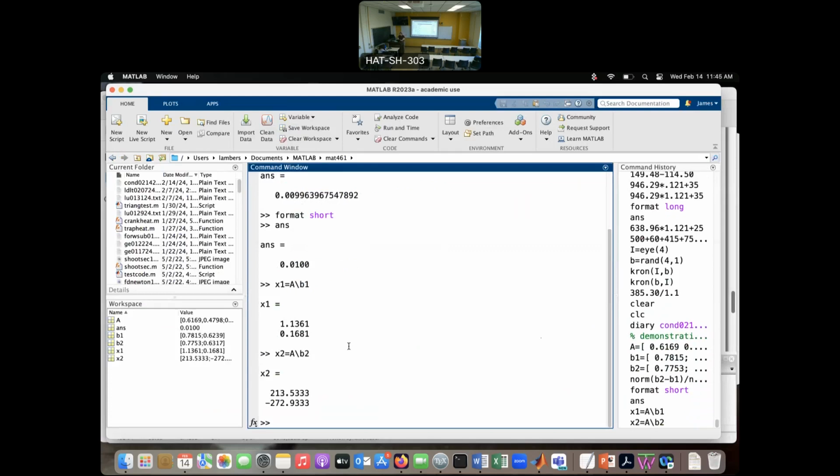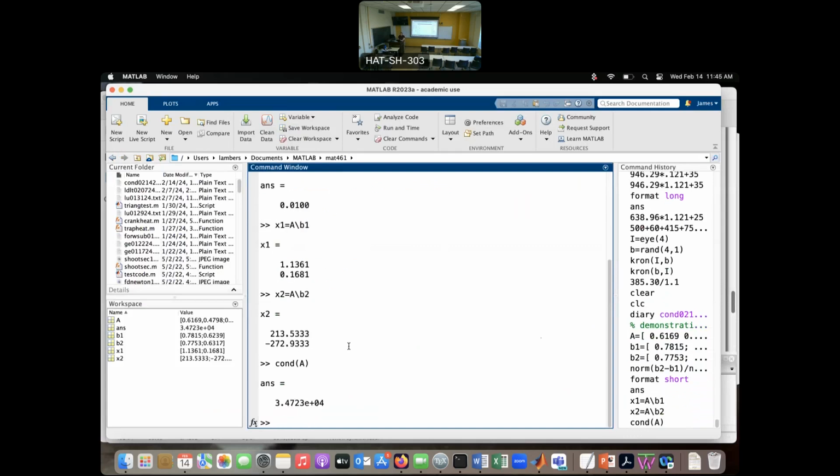I'll find out the condition number of A, although I've seen much worse. It's not a crazy condition number, like 10 to the 10 or something like that.